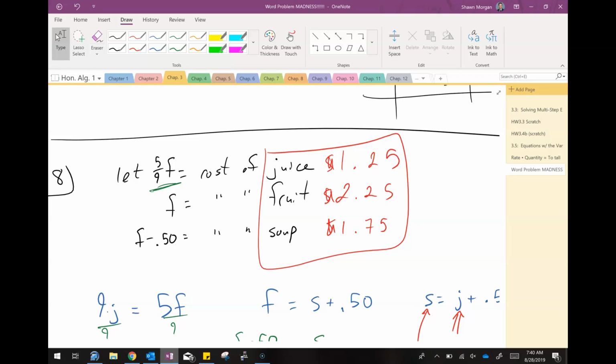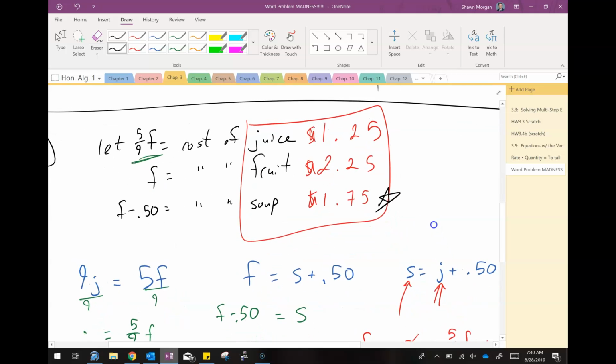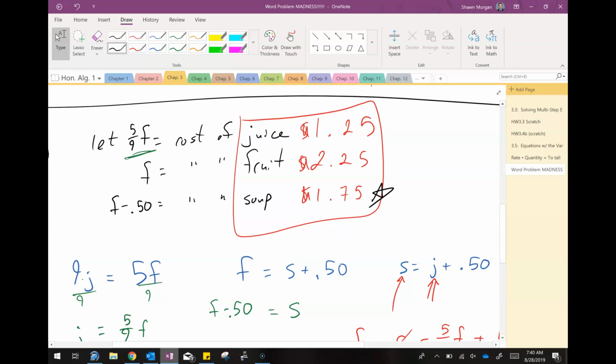We would say, hey, $2.25 minus 50 cents is going to give me the $1.75. Now, I think what you might be saying is that, hey, once we know that the soup is $1.75, didn't they say that the juice was 50 cents less than that? I got you. So you could just take 50 cents away and get your $1.25 that way too. More than one way to work that problem for sure.